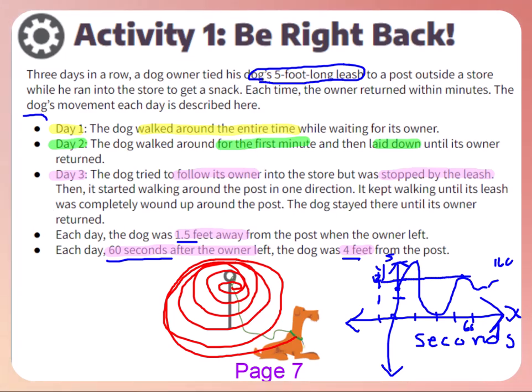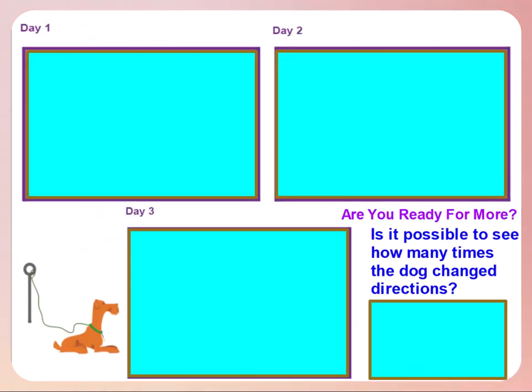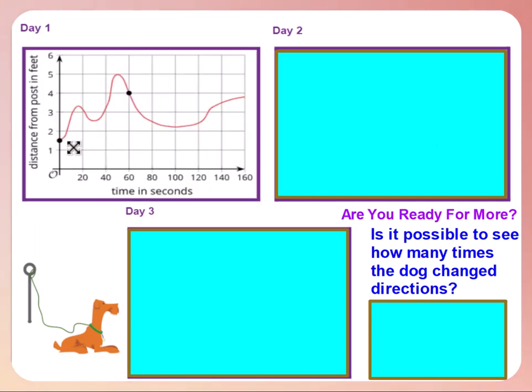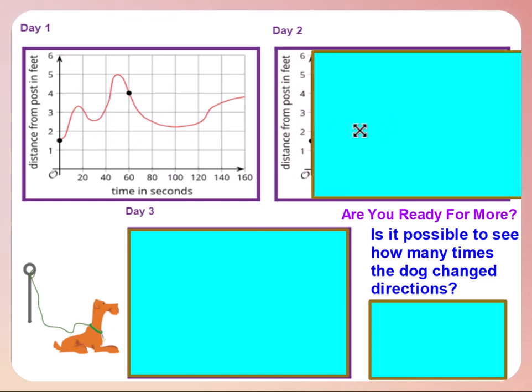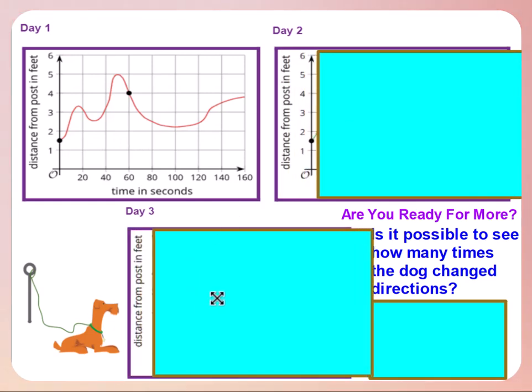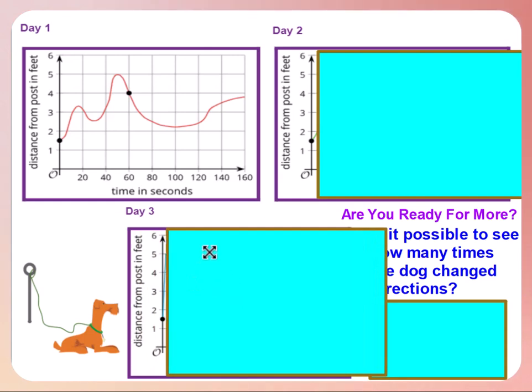Again, on day 1, day 2, and day 3, each dog starts at 1.5 feet. That's the y-intercept. On each day, at 60 seconds, the dog is 4 feet away from the post. So we should have this point on each of our graphs.